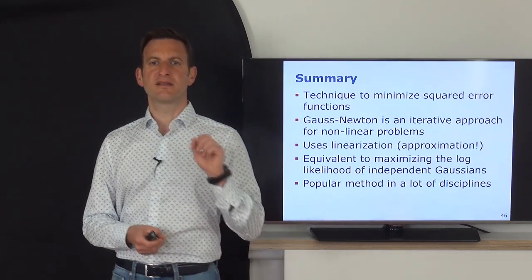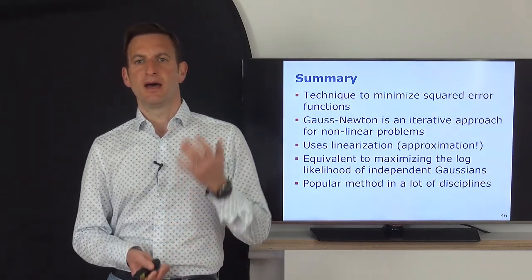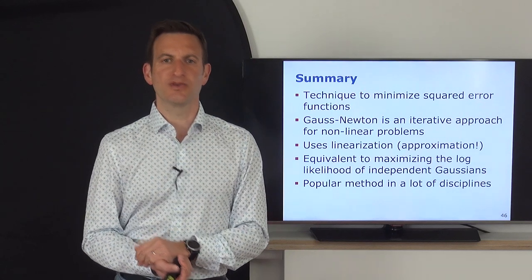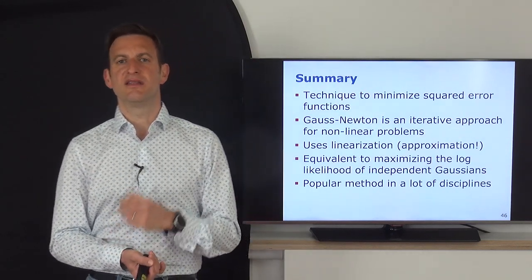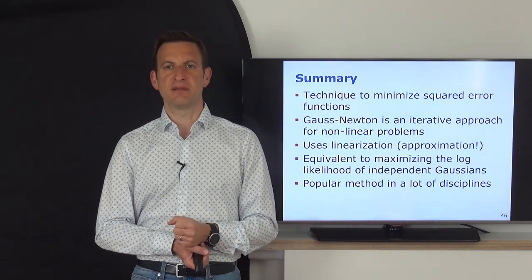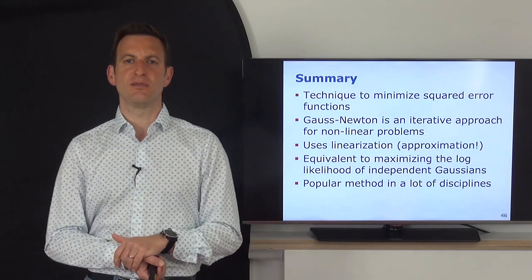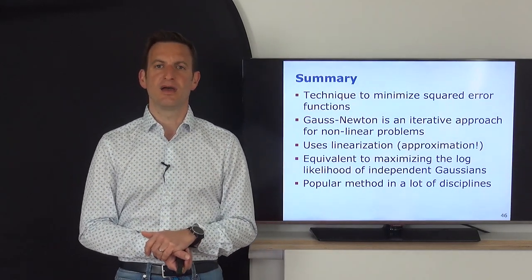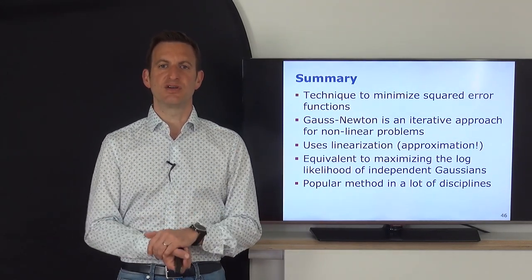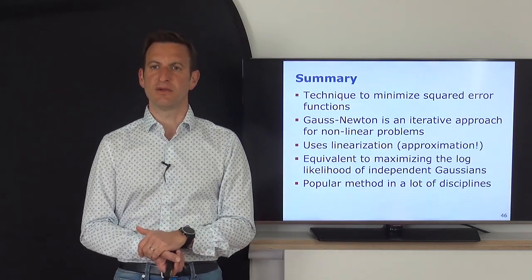So we need to be clear that this linearization is an approximation of the original problem. What we also have shown in the last minutes is the relationship between performing this error minimization and probabilistic state estimation, so that by assumptions that we make over the probability distributions involved, we can actually show that minimizing the error is equivalent to maximizing the probability.